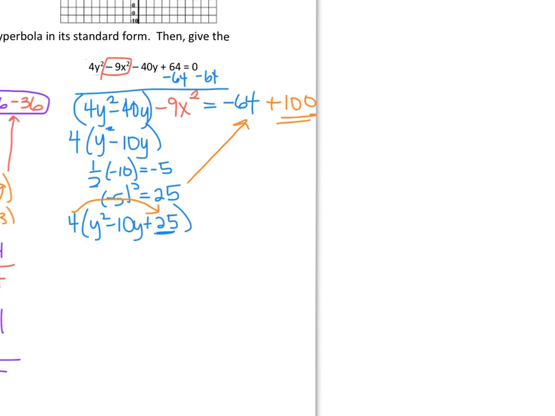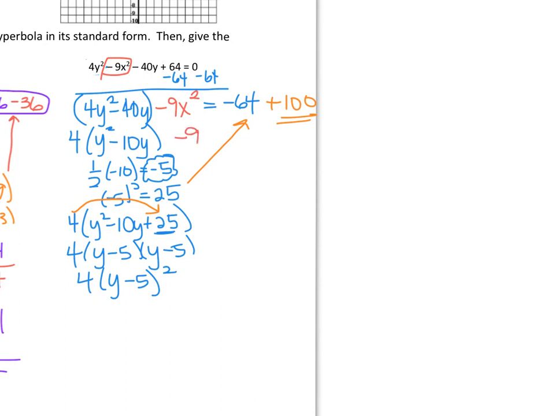Okay, let's make this a perfect square. Two numbers that multiply to get positive 25, but add to get negative 10. Always check that answer up here. So we still have the 4 out in front, and it'll be y minus 5 and y minus 5, which means that's 4 times y minus 5 squared. Here's the great thing about the next part.